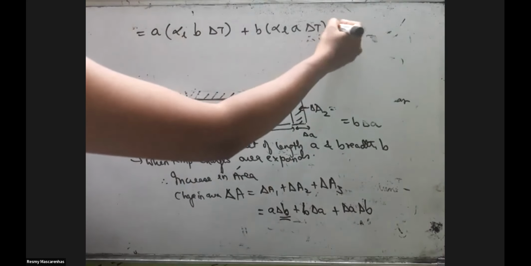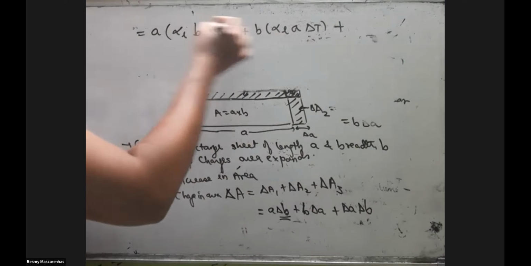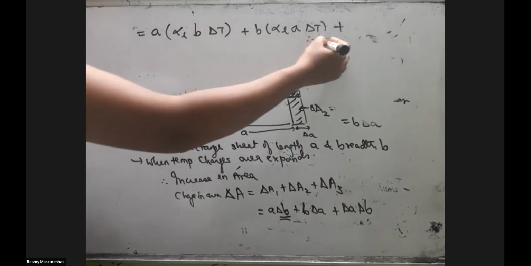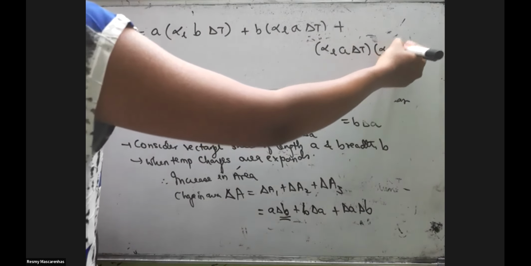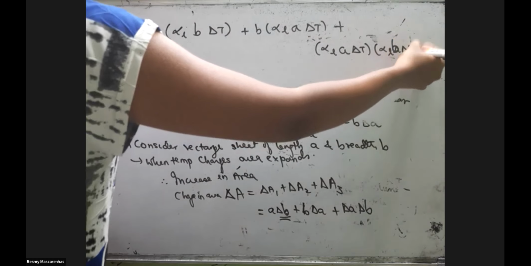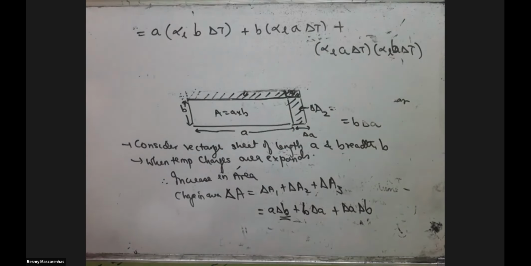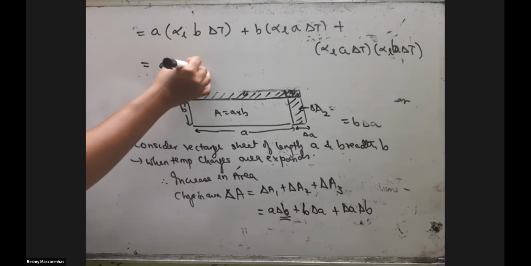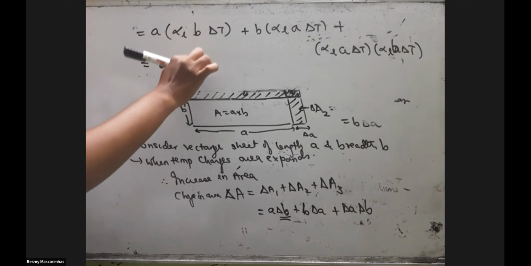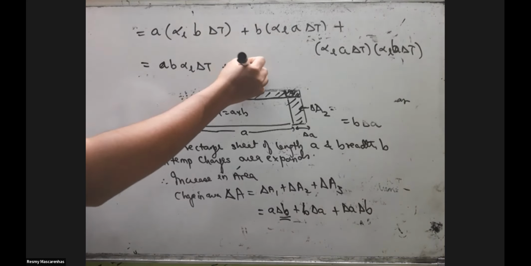And the third part, delta A delta B, is again the same thing: AB alpha L delta T, then again alpha L.